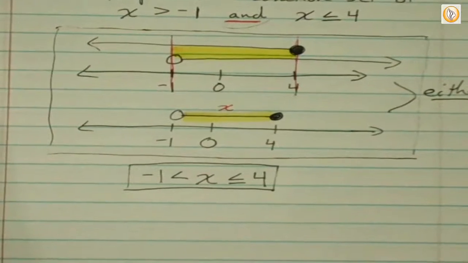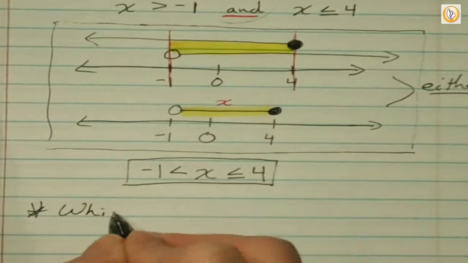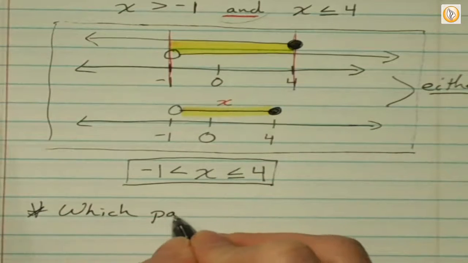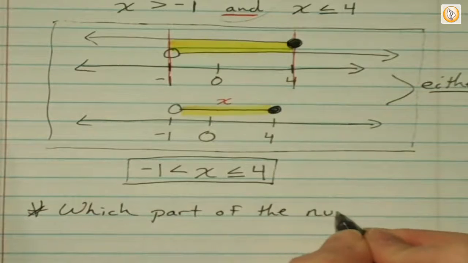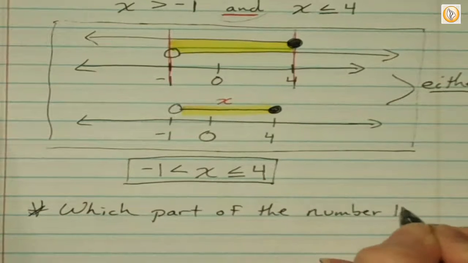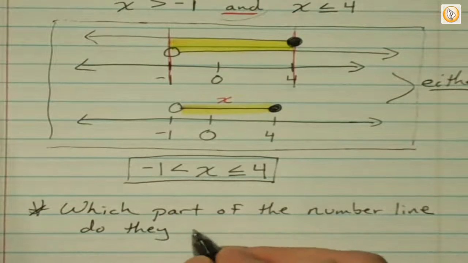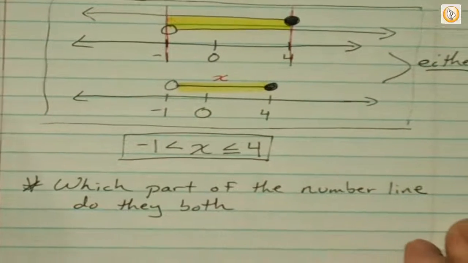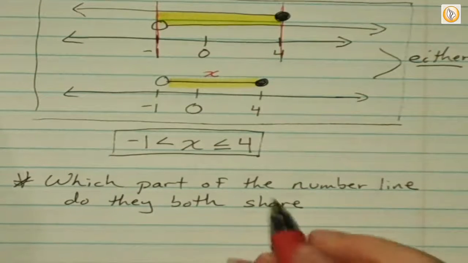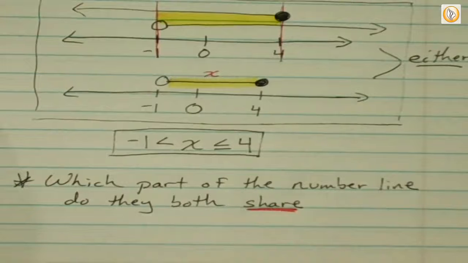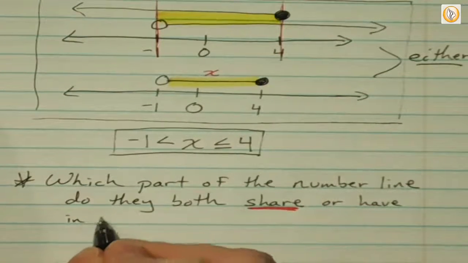All right. So the question you're asking yourself when doing conjunctions is, which part of the number line do they both share or have in common?